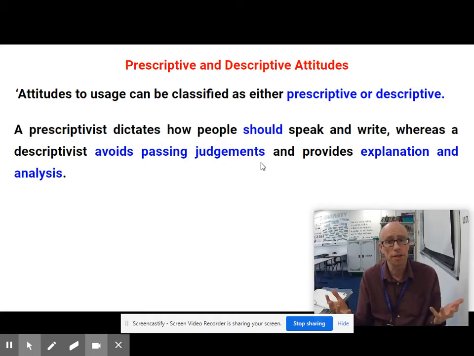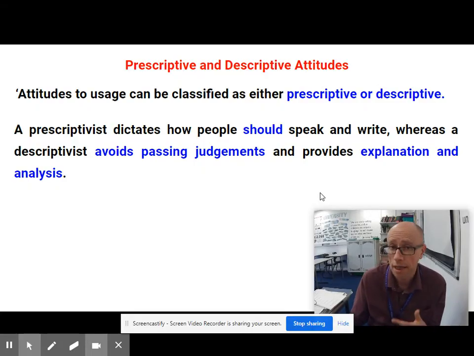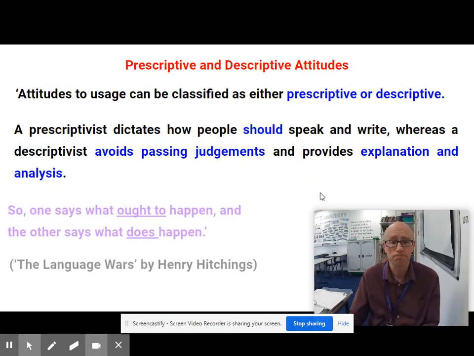So a prescriptivist dictates how people should speak and write, whereas a descriptivist avoids passing judgment and provides explanation and analysis. And generally what you're doing on an A-level course is a descriptive approach where you are avoiding passing judgments, and you're basically trying to explain why language has been used in certain ways in certain contexts.